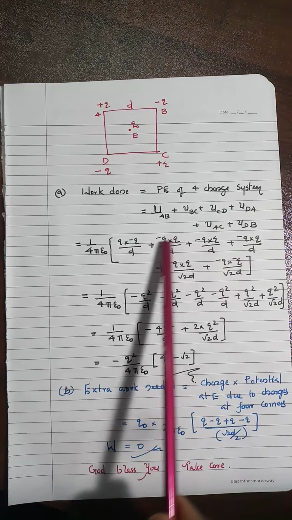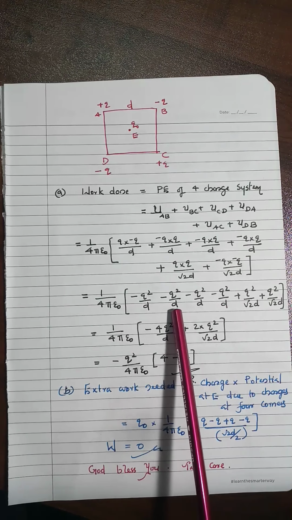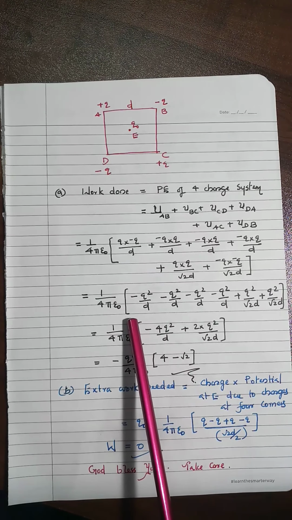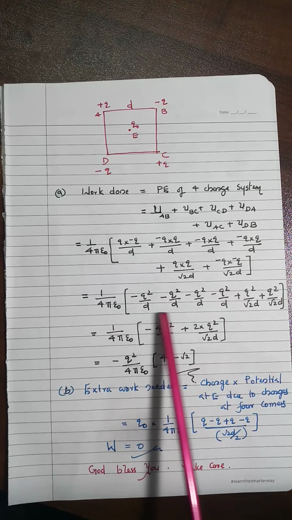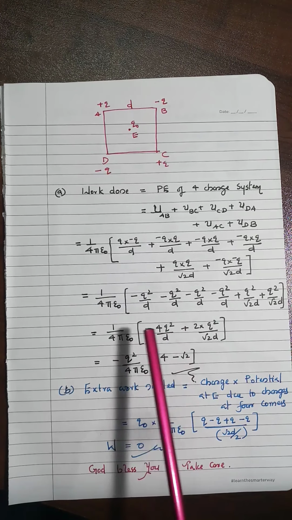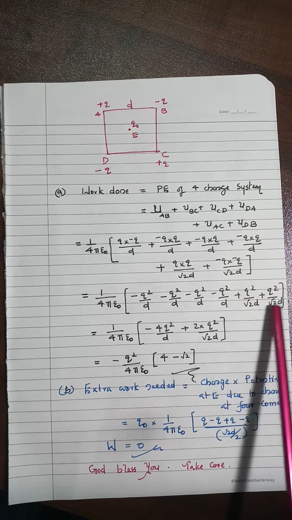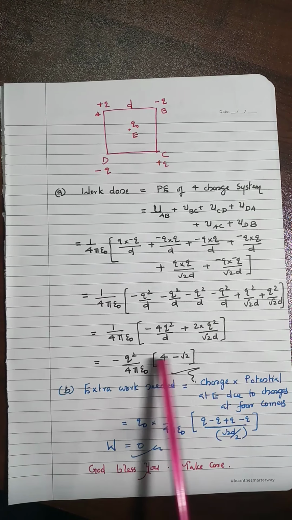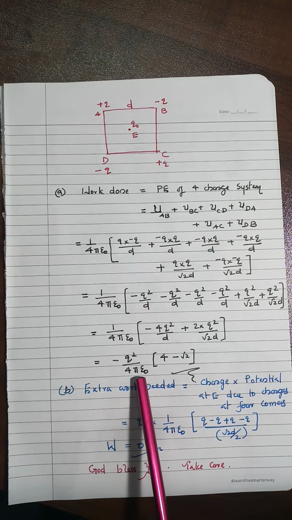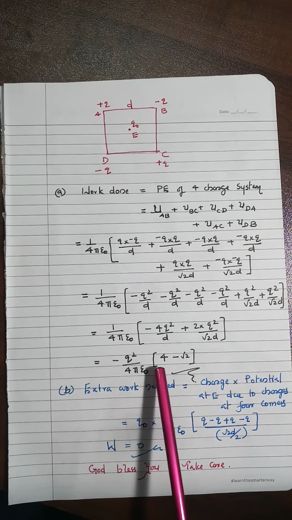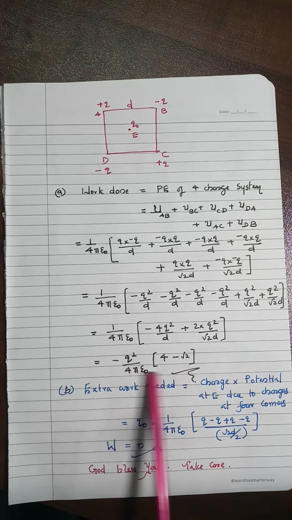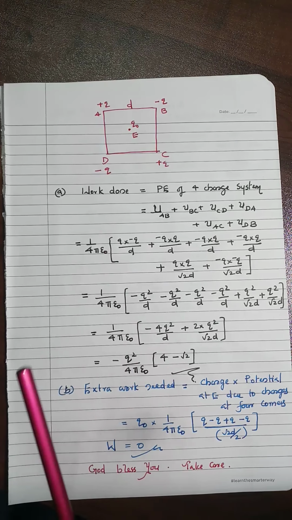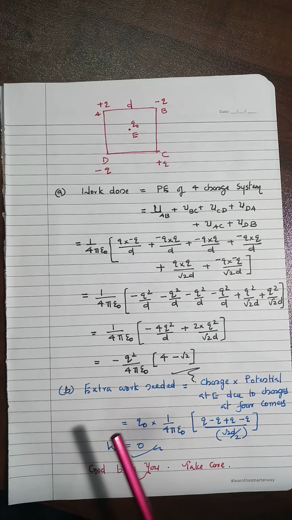So you can just substitute them. Here we get the first four contributions are equal, so minus 4 q square by d. The diagonal contributions are equal, 2 into q square by root 2 d. So you just take minus q square by 4 pi epsilon 0 common, so 4 minus root 2. So that is the answer. So simple concept like the previous one.